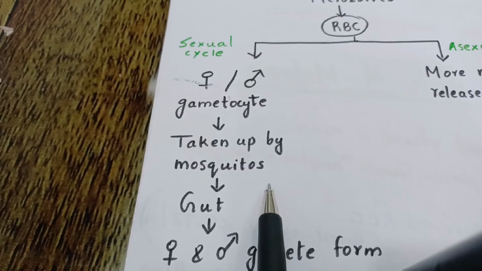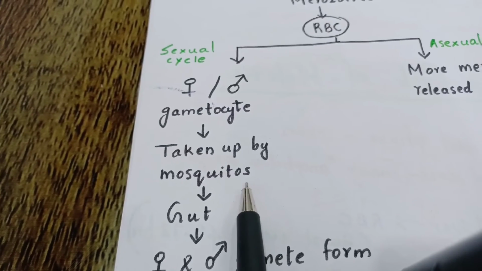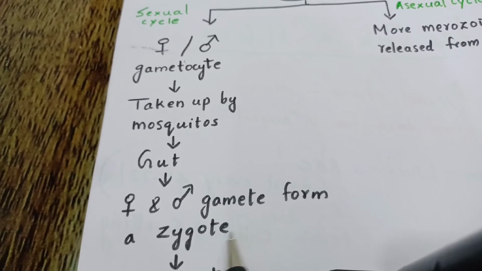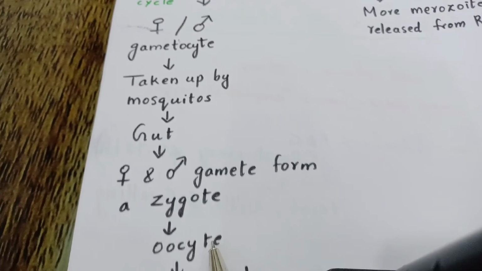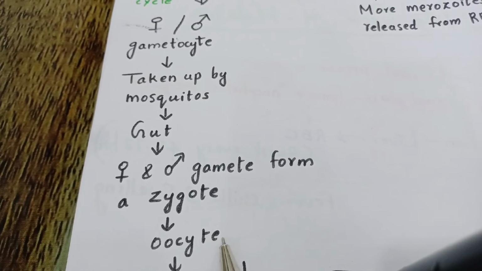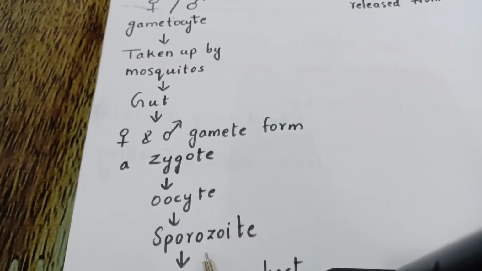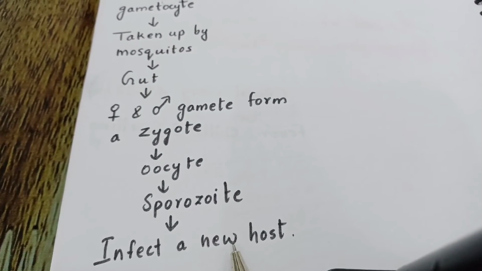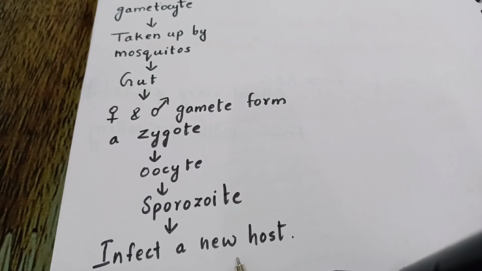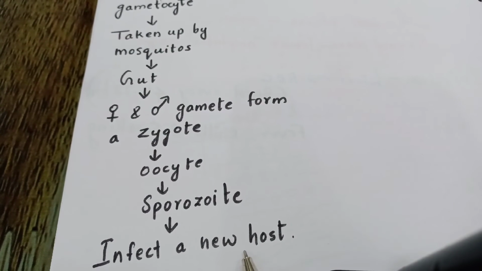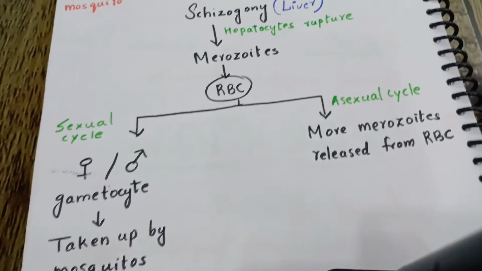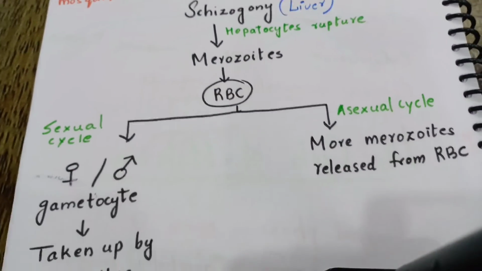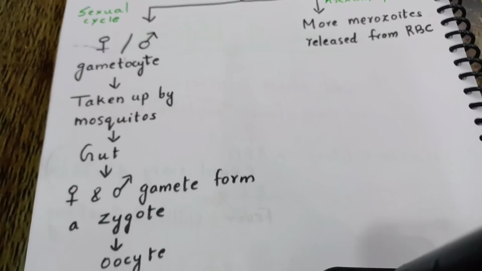It gets into the gut of the mosquito where the male and female gametes form a zygote, which in turn forms an oocyst, which forms the sporozoite, which is ready to infect a new host when the mosquito bites the person. So this has been the life cycle of the malarial parasite, how malaria is transmitted from person to person.